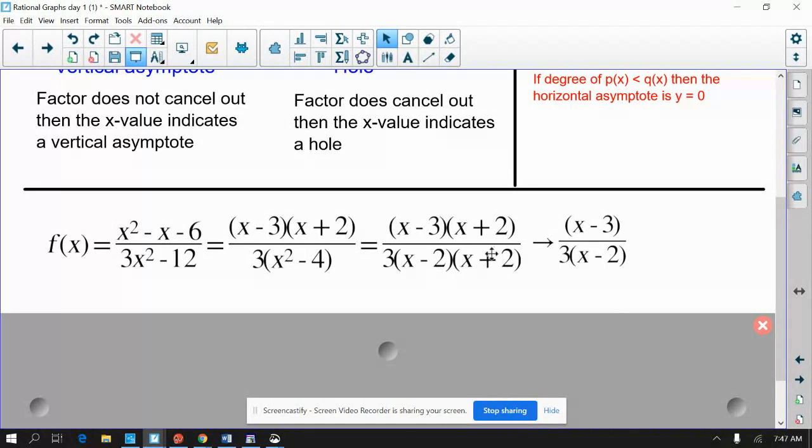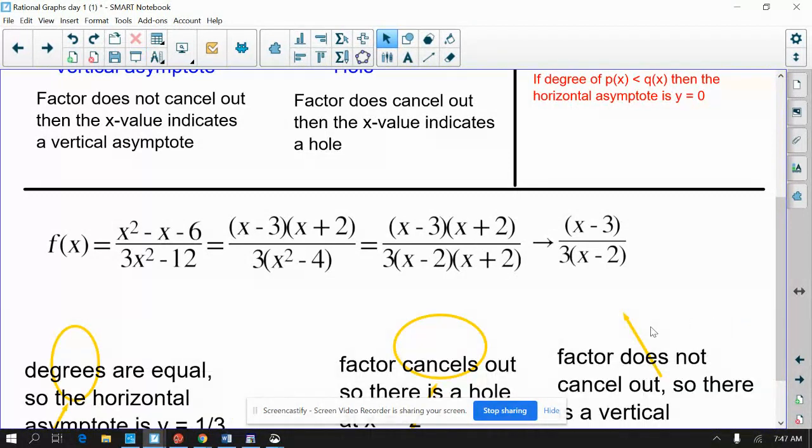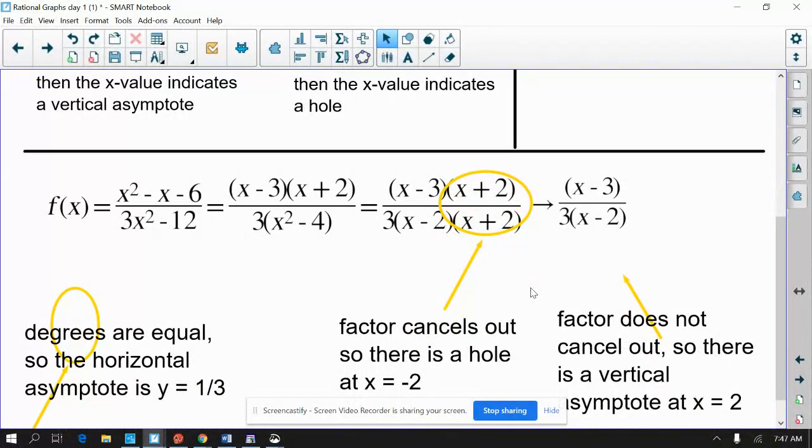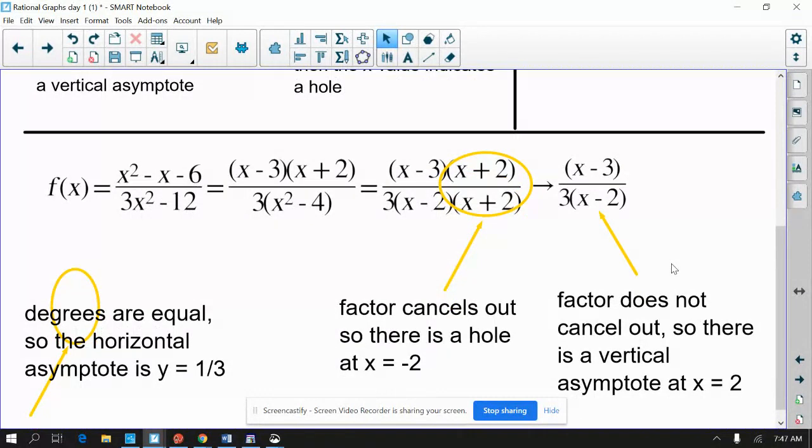Well, the negative 2 portion cancels out. That would indicate that there's a hole at x equals negative 2. Now, the other point of discontinuity, positive 2, did not cancel out. So that tells me there's a vertical asymptote at x equals 2.